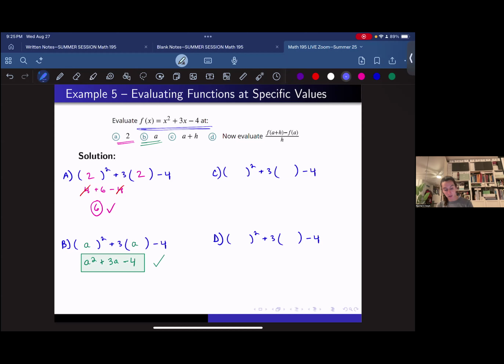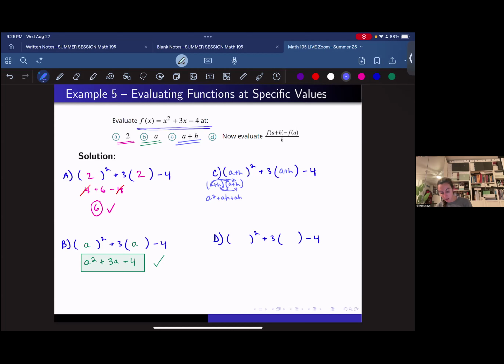In part C, we're going to be plugging in our A plus H. A plus H in parentheses squared is just utilizing your FOIL method, first, outer, inner, last, which is just a special form of distributive property. A times A gives you A squared. A times H gives you a plus AH. H times A is the same as another AH.